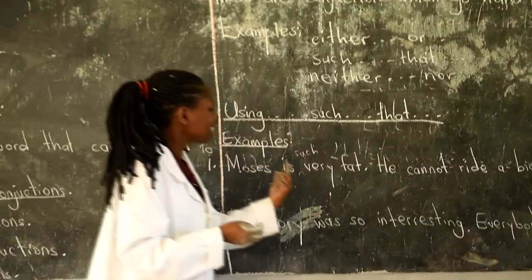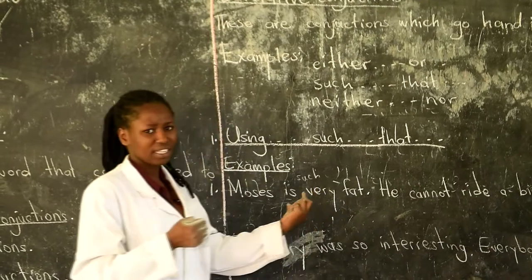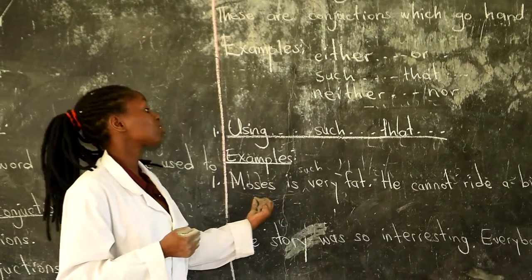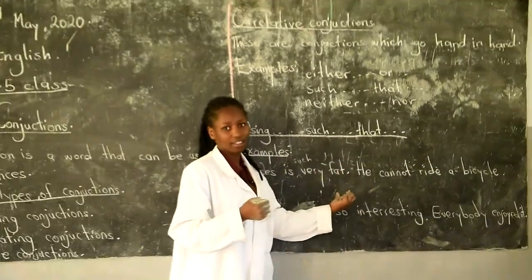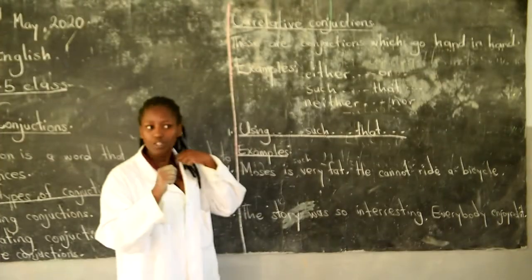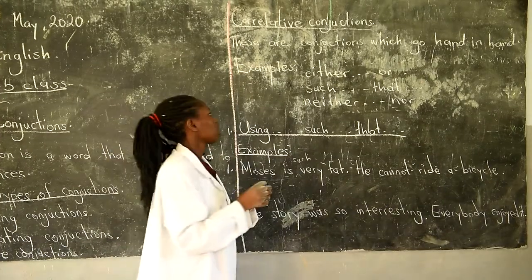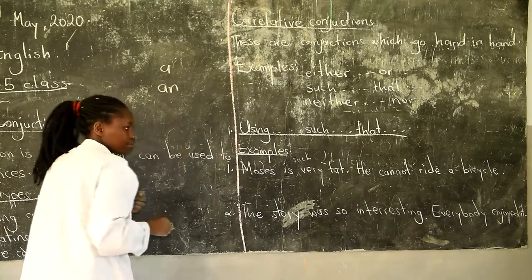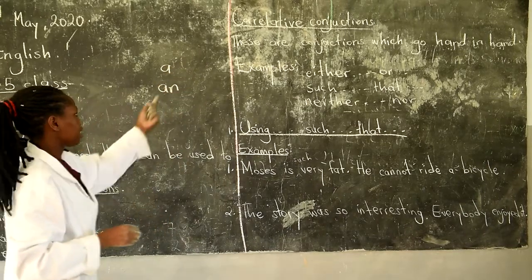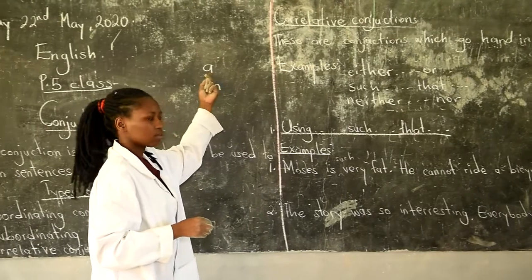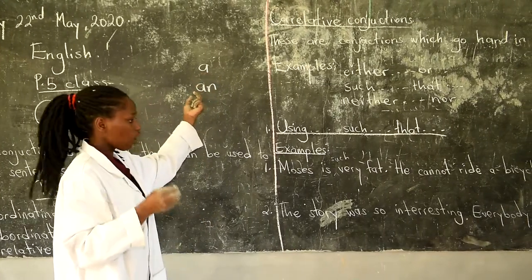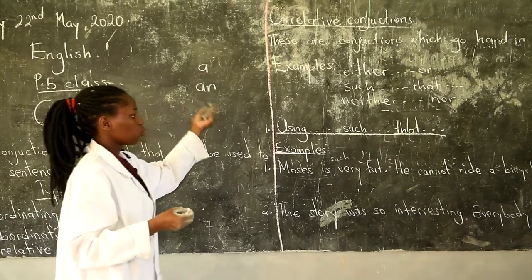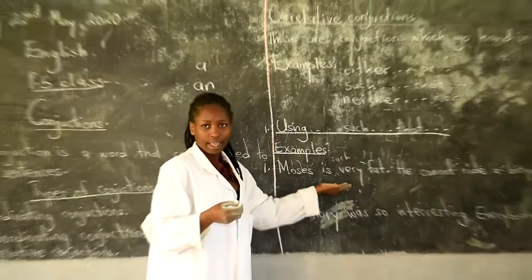So, Moses is such. What is next? You're not going to say Moses is such fat. No. We are going to use the articles. I have article a and article an. These two articles are used according to the adjective.